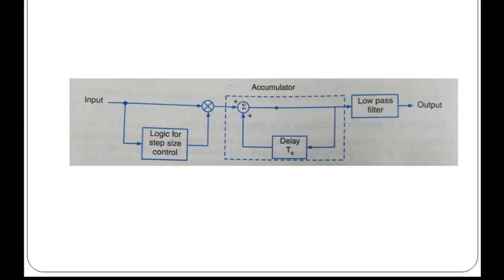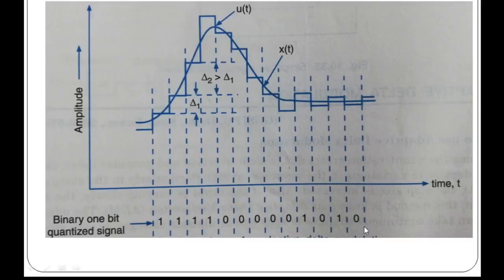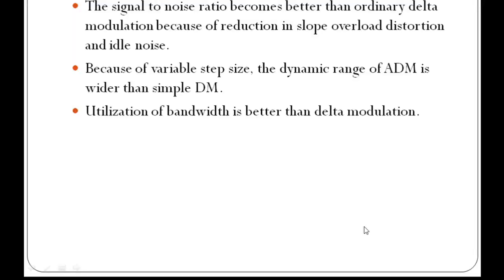Next is advantage and disadvantage of adaptive delta modulation. Adaptive delta modulation has certain advantages and disadvantages over the delta modulation. The first one is the signal to noise ratio becomes better than the ordinary delta modulation.